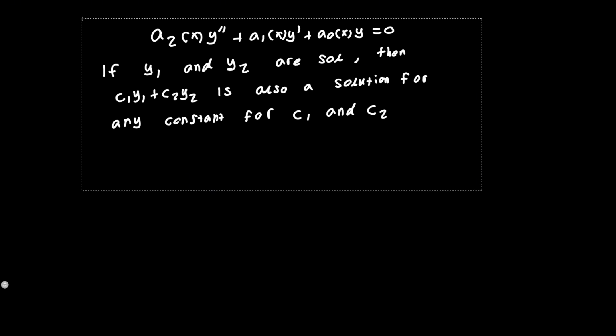And finally, now we're going to talk about the Wronskian and linear independence. This is a theoretical cornerstone of differential equations. The Wronskian of y1, y2 is equal to a matrix with rows y1, y2 and y1 prime, y2 prime.